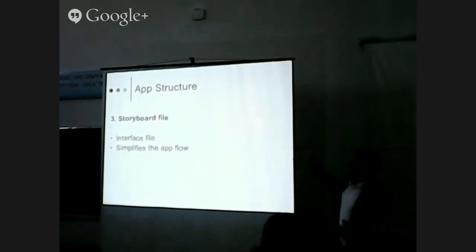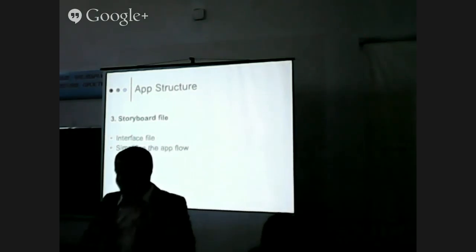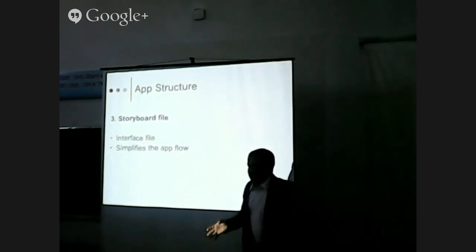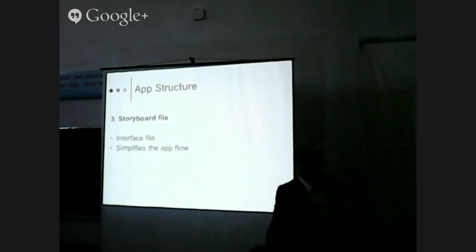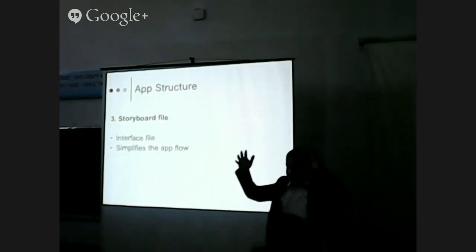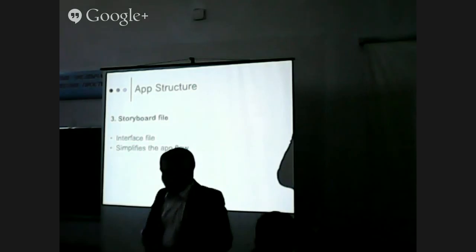If we specify that it's targeted for both iPad and iPhone, then two storyboard files will be generated. One is for iPad, which will be a bigger interface file, and iPhone will be a small interface file. We can configure everything in that file.